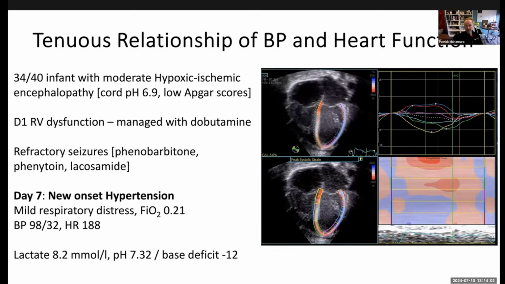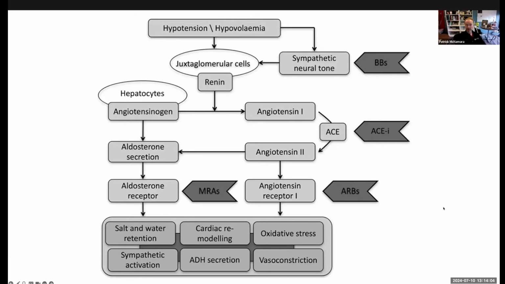So why might this happen? Well, I think it's important to recognize that in the face of low blood pressure or low flow, as may exist in this infant, who was potentially in a low cardiac output state first, the body responds by upregulating the renin-angiotensin system, which will lead to high levels of angiotensin II and aldosterone, which will lead to significant vasoconstriction.